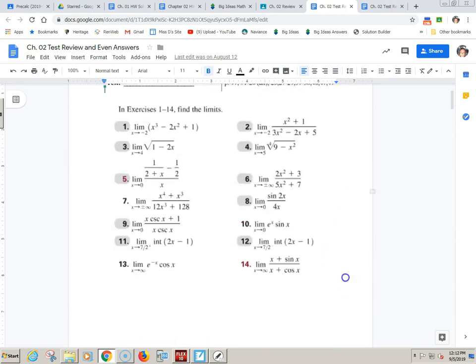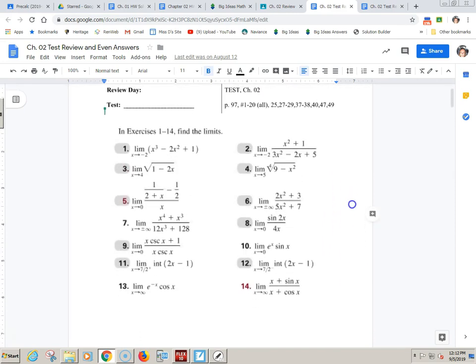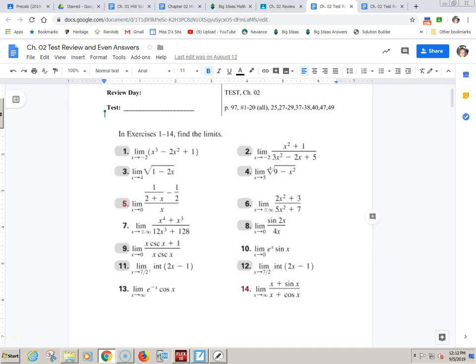I have a photo. Oh, I only got partway through. I'm lame.